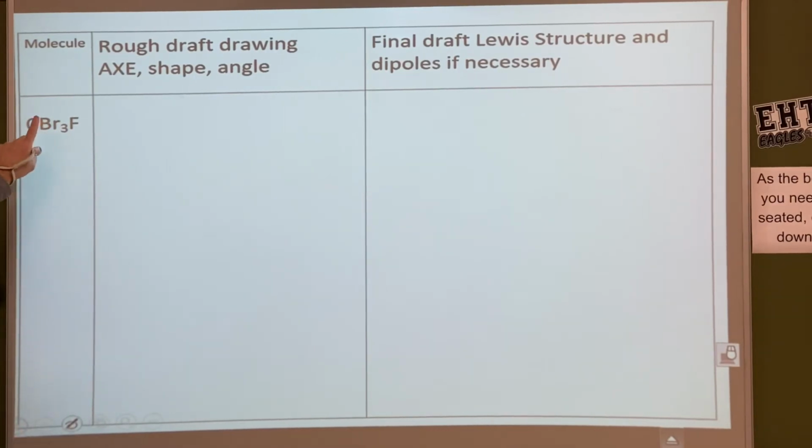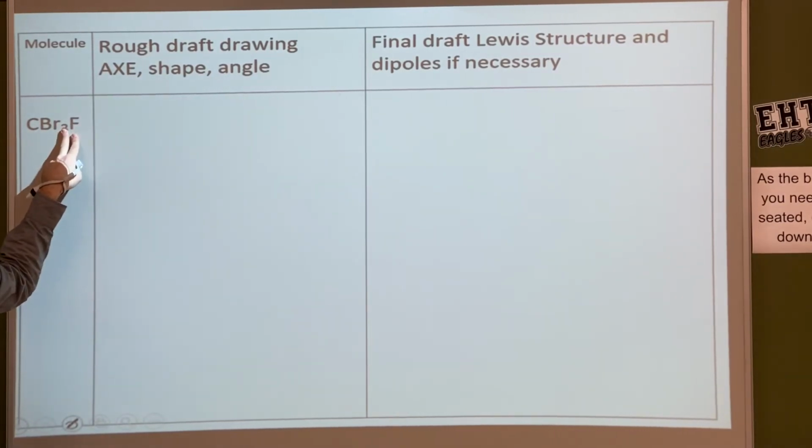Okay, so here we have CBr3F. Now, what is C? It's carbon, right? What color is carbon for the molecule kits? It's black, okay. And then you have bromine and fluorine. What are they both? Yeah, they're both going to be halogens, so they're going to be green.